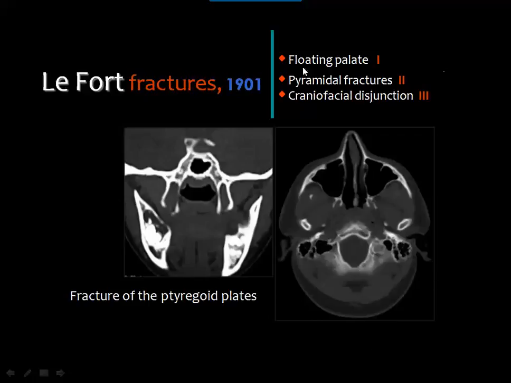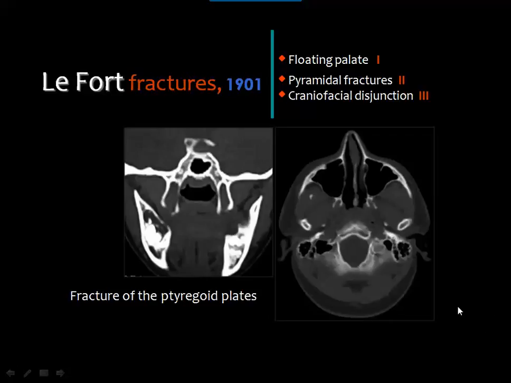Group 1 is known as the Lefort type 1, which is also known as the floating palate injury. Group 2 is the pyramidal fracture, or type 2. Group 3 is craniofacial disjunction, or type 3, which is the severest one.